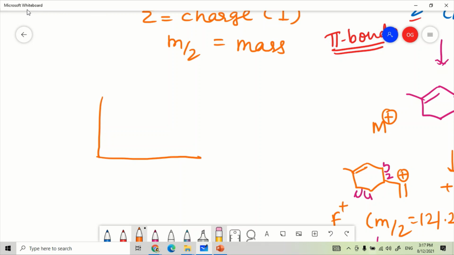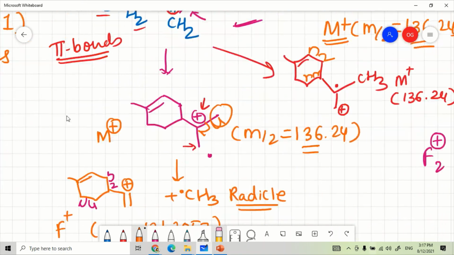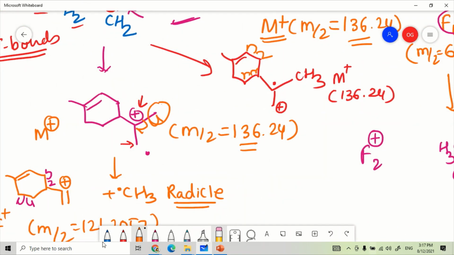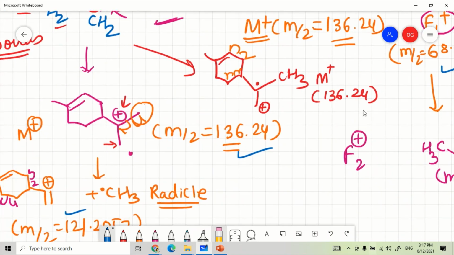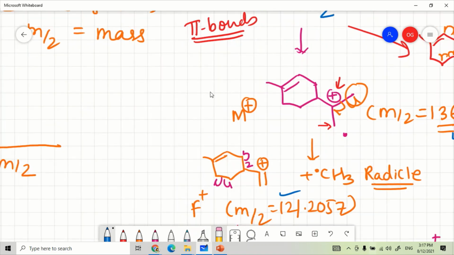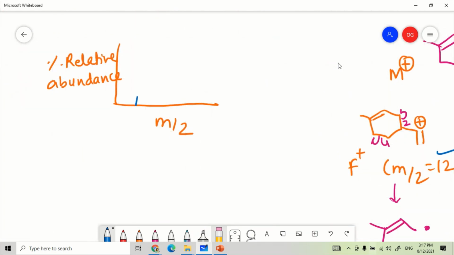What is the mass spectrum? Mass spectrum is percent relative abundance versus m by z value. So many m by z values we have seen here. See, we have seen 121, we have seen m by z coming as 136, we have seen 68, we have seen 40. Whatever ions are detected by the detector, their peaks will appear here.